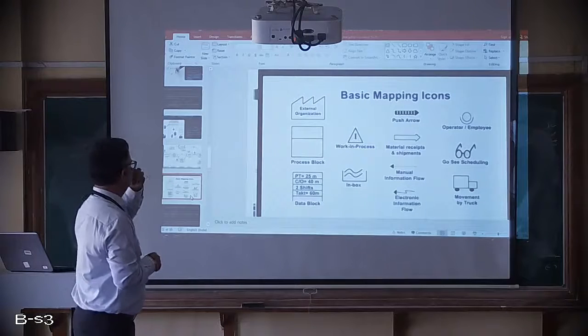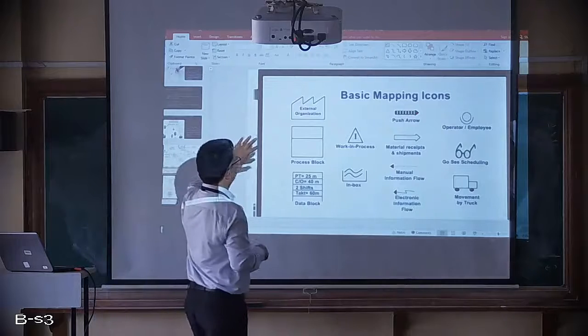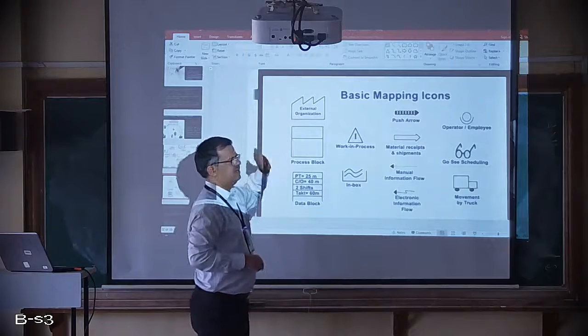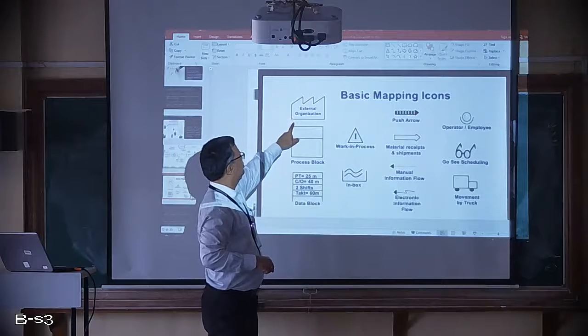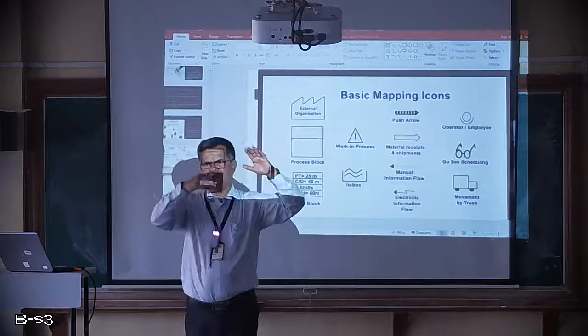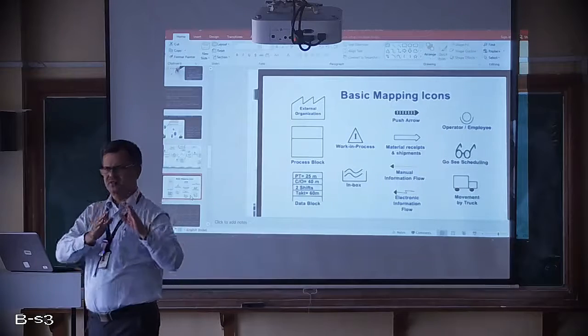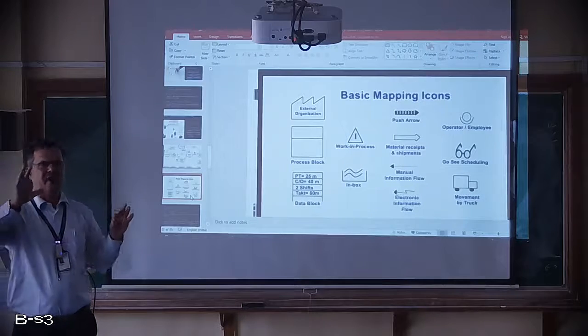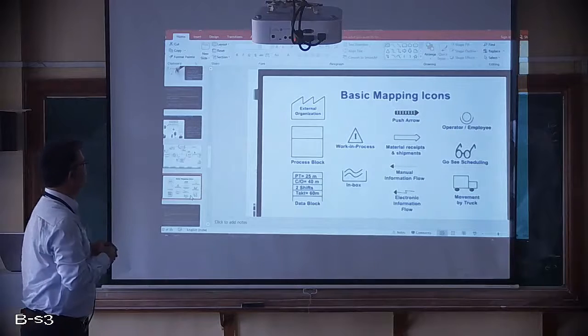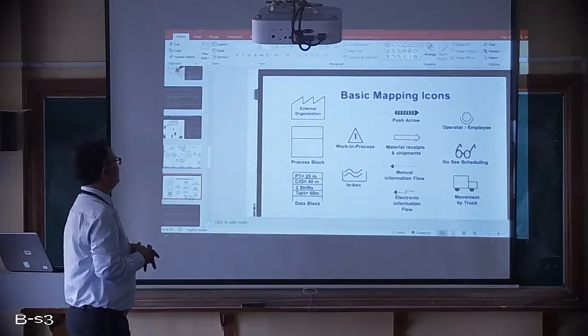For example, if you want to show a factory or any external organization, this icon should be used. Raw material enters in, raw materials move to this factory. External organizations are normally shown like a factory.